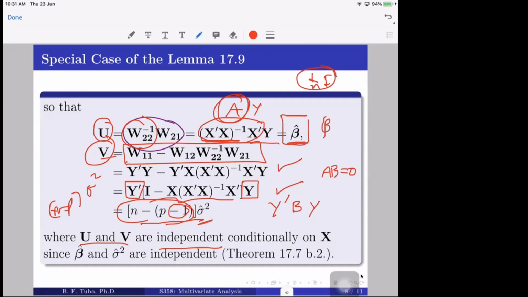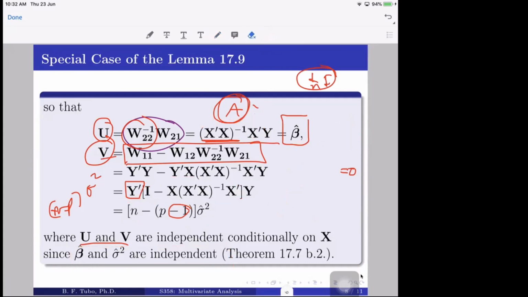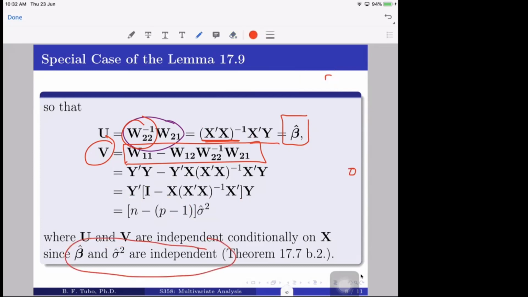So to prove that beta hat and n minus p minus 1 sigma hat square are independent, all you have to do is to multiply this with this and see if it is equal to 0. If that is equal to 0, then we can say that beta hat and sigma hat are independent. So U and V are independent conditionally on X since beta hat and sigma hat square are independent.